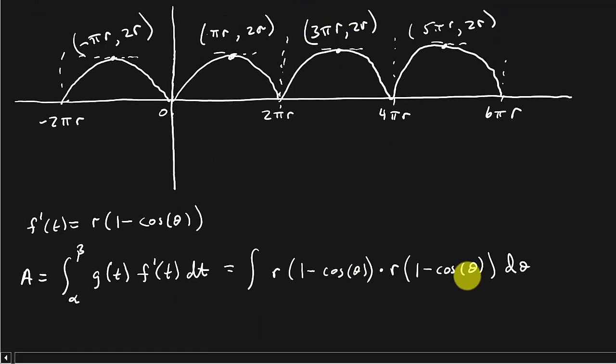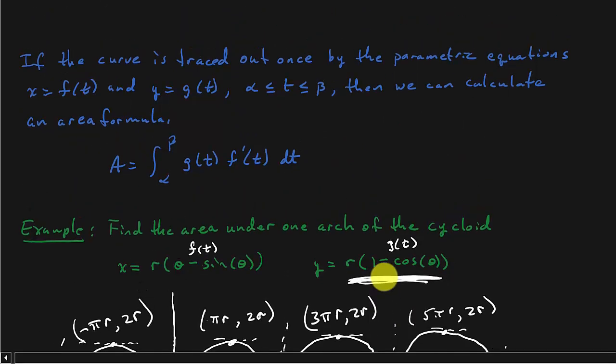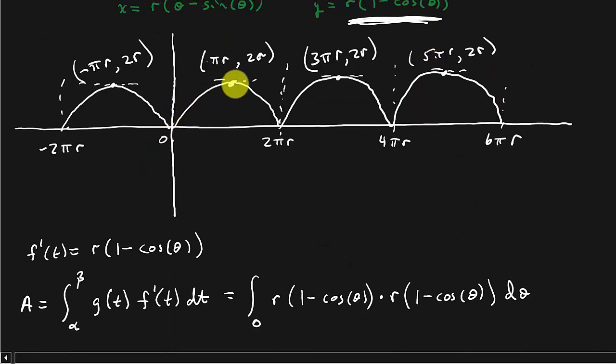Now, remember up above when I showed you about getting these points? Theta is between alpha and beta. So here's one arch of the cycloid, and I'm going to go from 0.